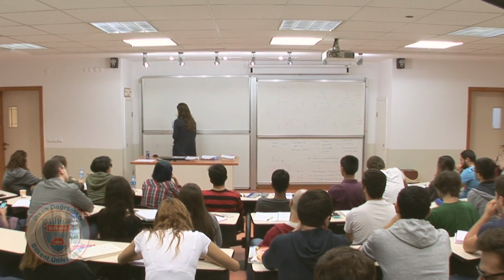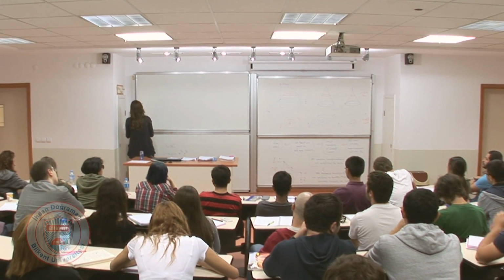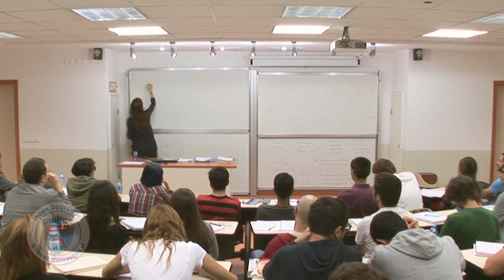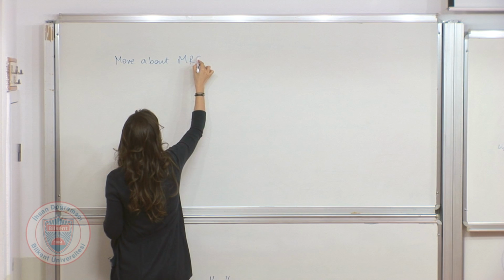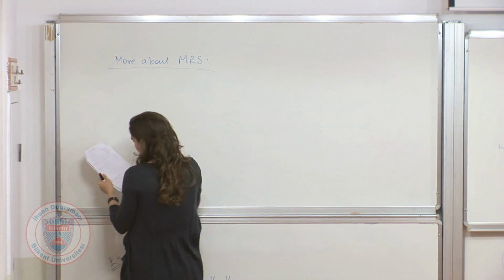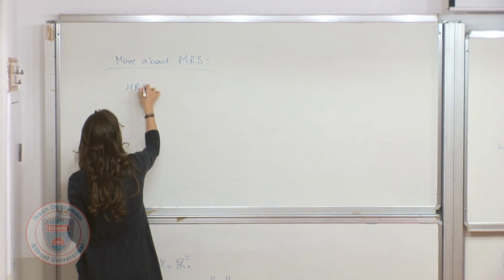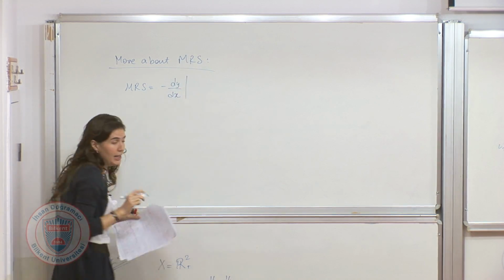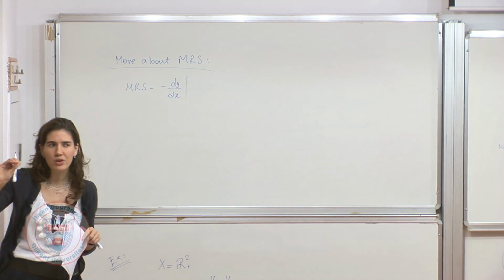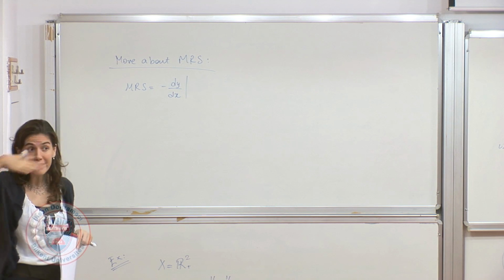So let's say a bit more about MRS, the marginal rate of substitution. Remember, the definition of MRS was minus dy over dx. Don't forget that the marginal rate of substitution is on an indifference curve, right?